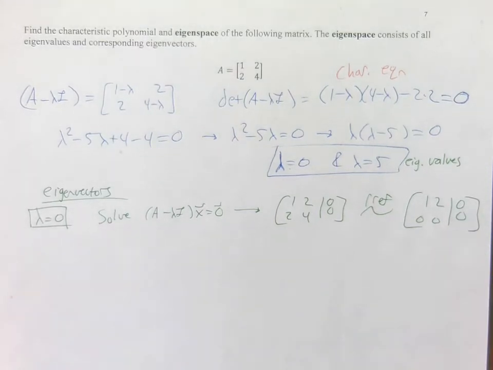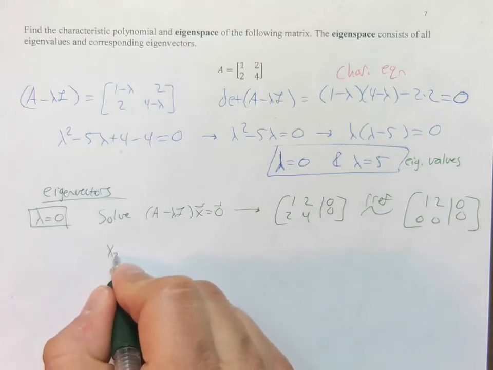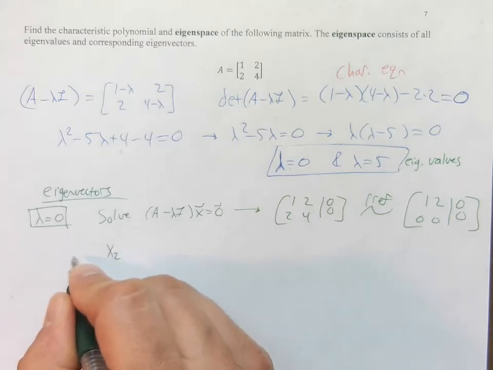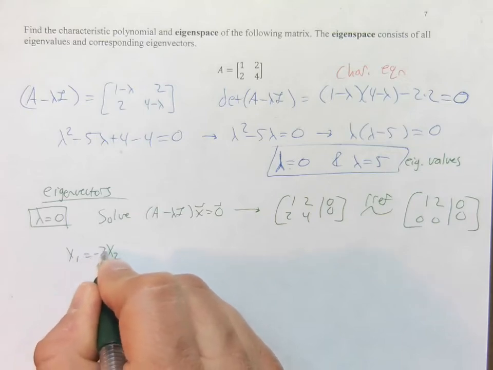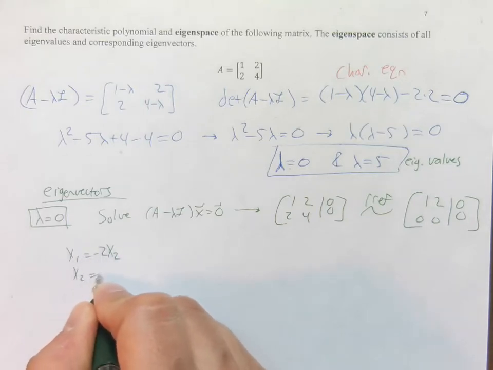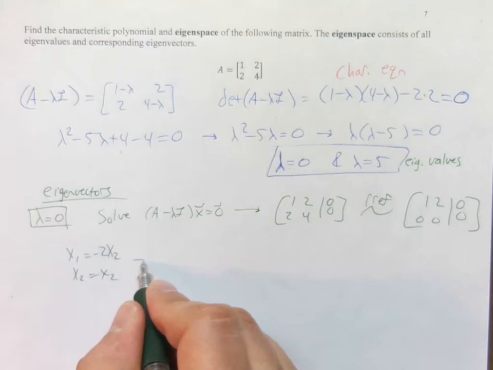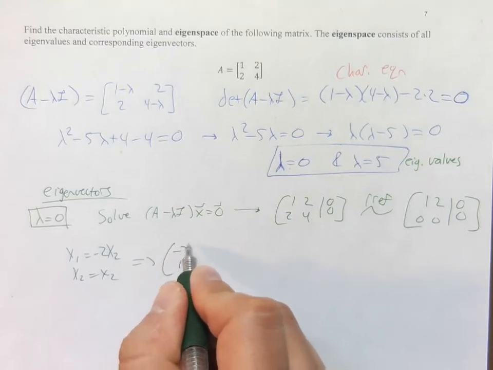Very easy to solve. x2 is a free variable. x1 is minus 2x2, excuse me. And so we see this, right? x1 equals minus 2x2. x2 is free, and so then this solution is minus 2, 1.